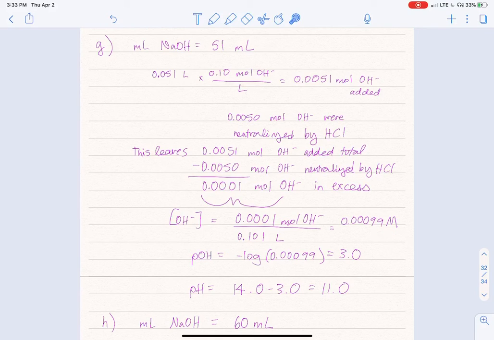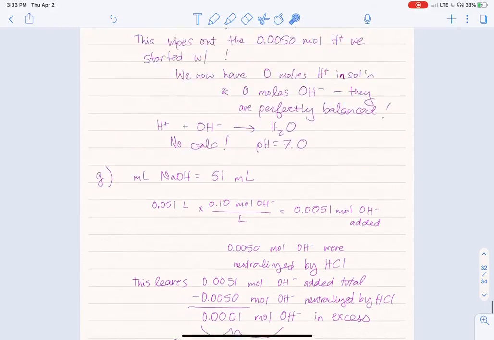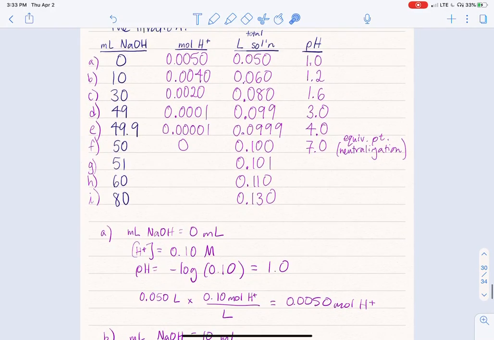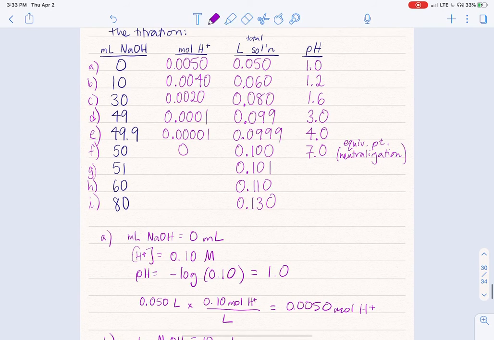Now, I can take the negative log of that to get the pOH, which is 3. And subtracting that from 14, I get the pH, which is 11. So, as predicted, the pH goes up quite a bit once hydroxide starts controlling the pH of the solution. I don't have any moles of protons that I need to worry about here because I'm really just using hydroxide to figure out what the pH is at every point.